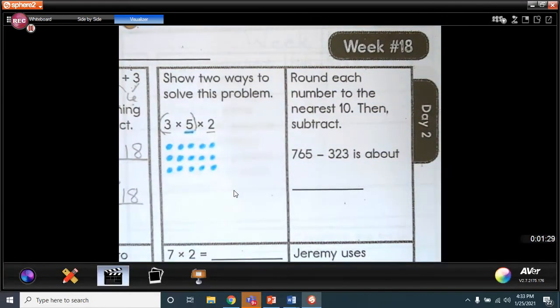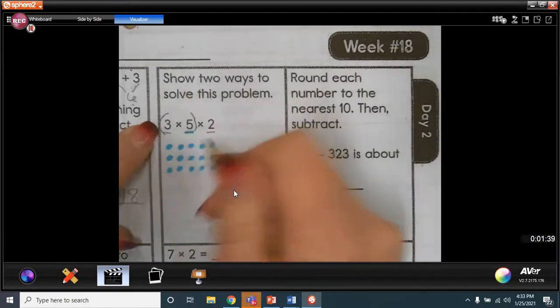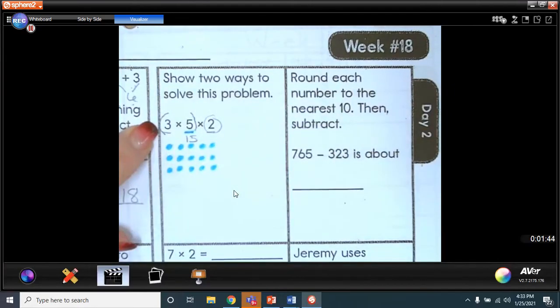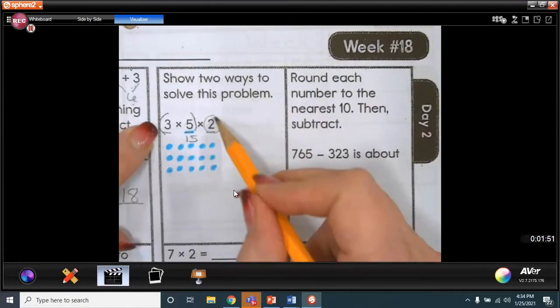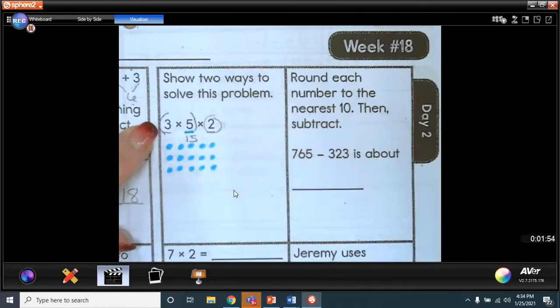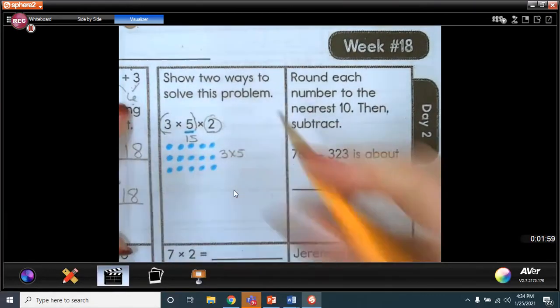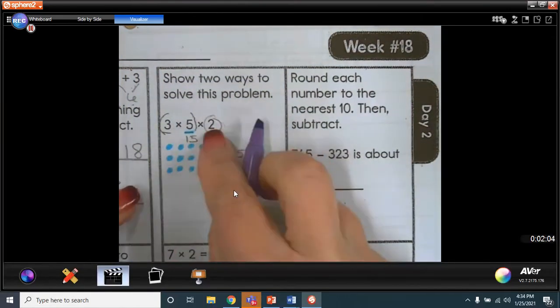Now, that 3 rows of 5 is telling us that now we're not just going to have 3 rows of 5 one time, which is 15. We're going to have it as 2 groups of 3 times 5. So now what we're doing is we're taking this array and we're taking 2 groups of it. So this is 3 times 5 once, and now we're going to do another 3 groups of 5 twice.